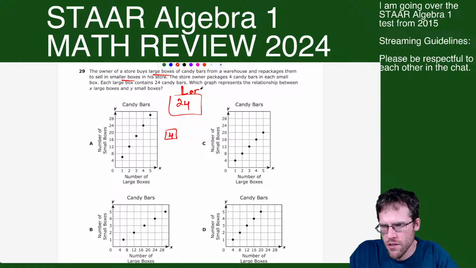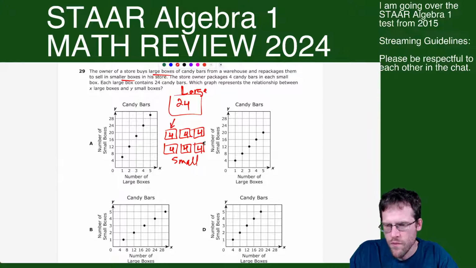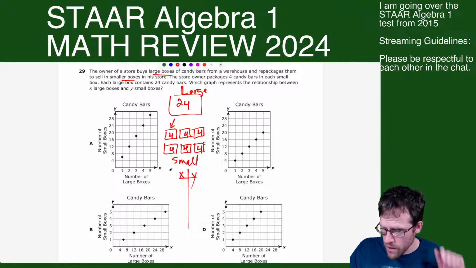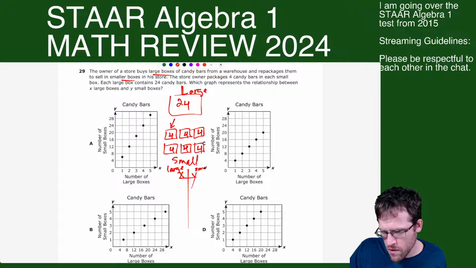So every time you get a large one, a large will allow you to fill up, I'll just actually draw it out once, 4, 4. It will allow you to fill up 6 of the small boxes. Okay, so here you could just make a table. And notice that X is the number of large boxes and Y is the number of small. So X is large and Y is the small.